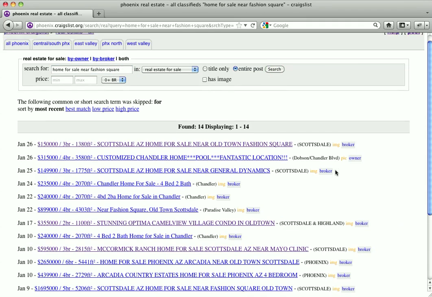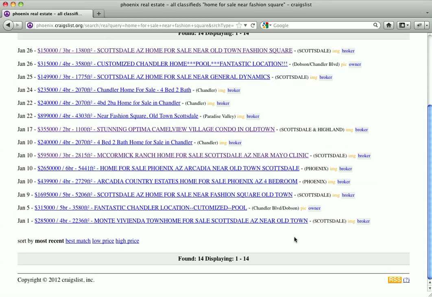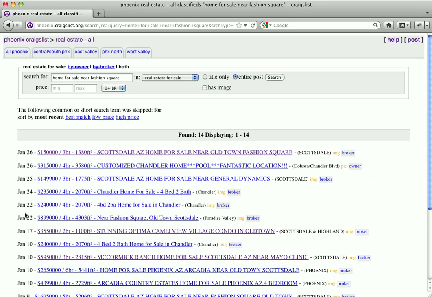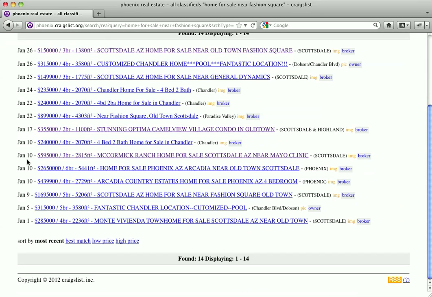Now I'm looking at a page with only 14 listings that all started back on January 1, and 26 days later, all the listings that are near Fashion Square, at least the ones being marketed as near Fashion Square on Craigslist, are right in front of me.